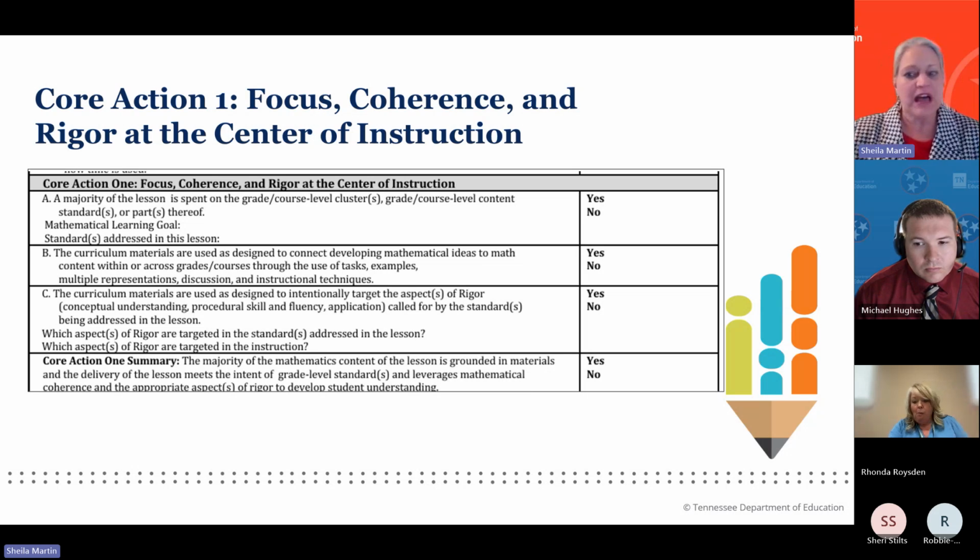When you're ready, drop a line in the chat box to answer either of these questions. What stands out to you about this domain? Or what questions do you have about this domain? And I think Michael's going to drop those in the chat for us. Go ahead and do that now.